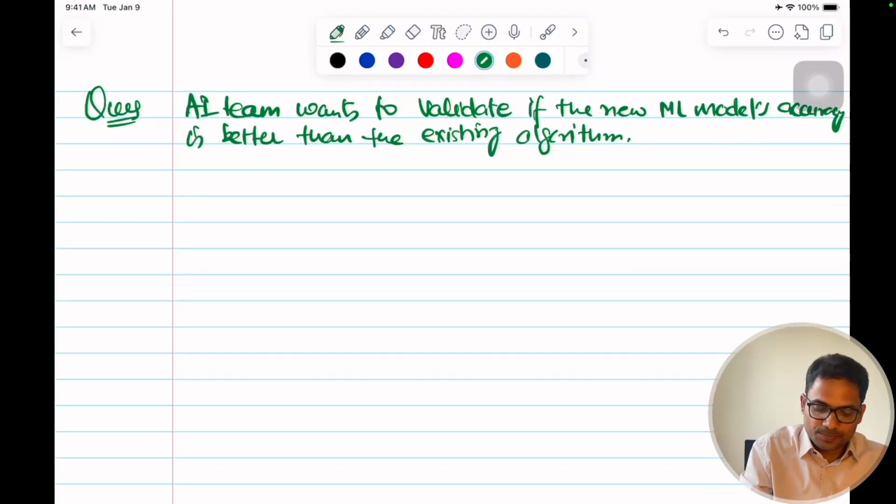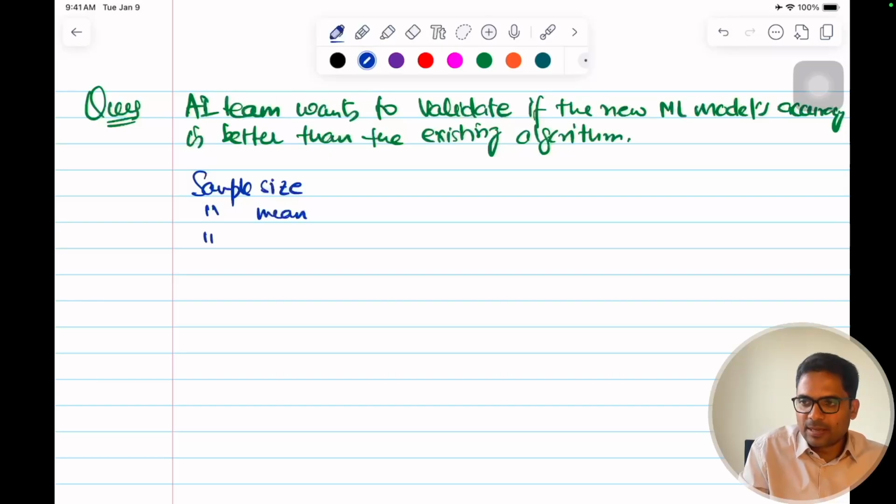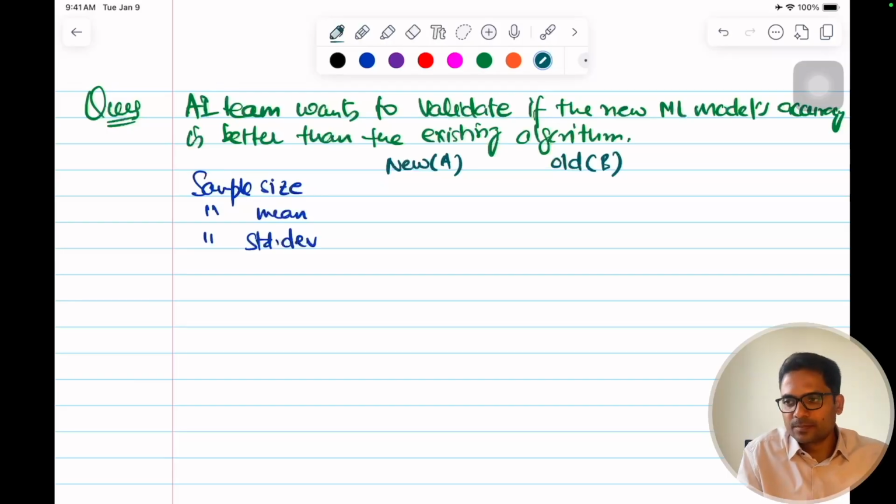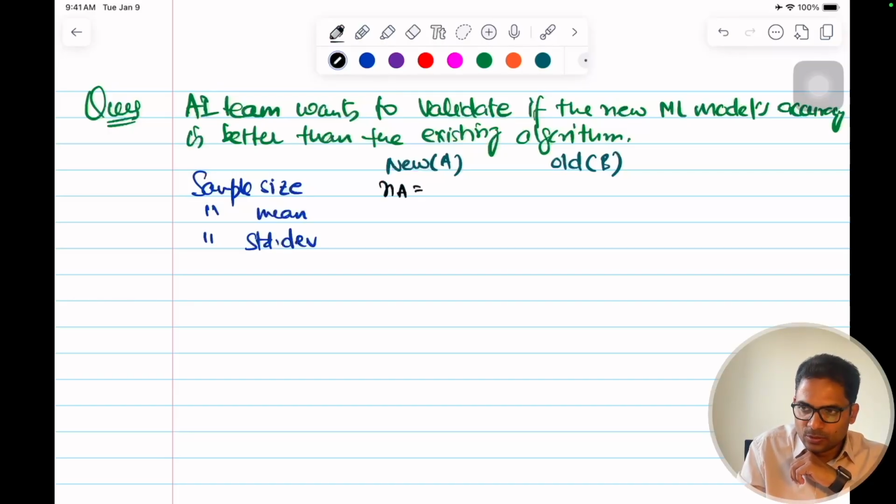So they have some samples. They will have the sample size, the sample mean, and the sample standard deviation for both of them. Let's say we have new as A, and old as B. So nA is equal to 24 and nB is equal to 18.